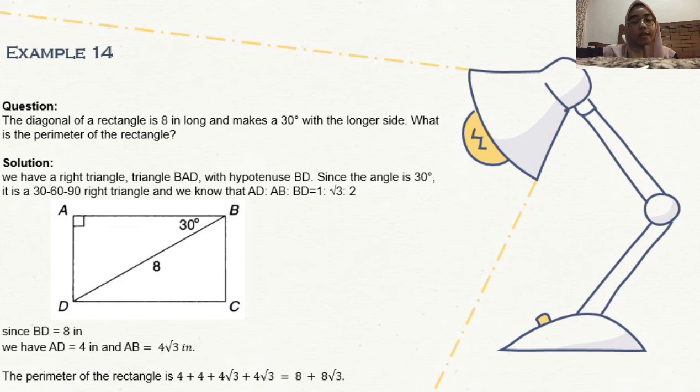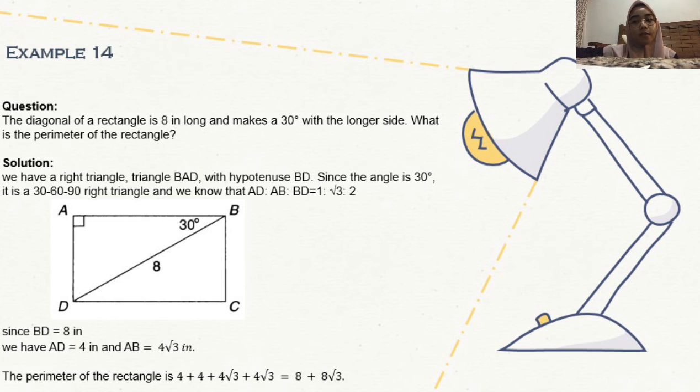The angle is 30 degrees. It is a 30-60-90 right triangle, and we know that AB to AD to BD equals 1 to root 3 to 2.